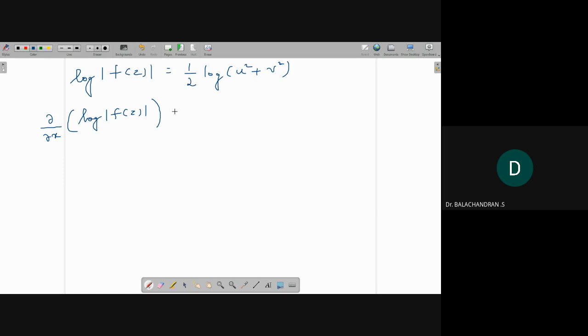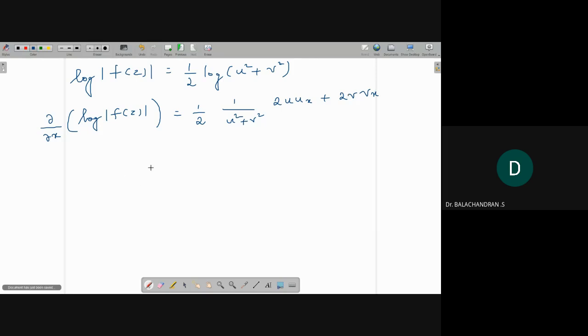That is equal to, if you differentiate this 1 by 2 log, if you differentiate log of x you get 1 by u square plus v square, and if you differentiate u square plus v square you will get 2u into ux plus 2v into vx.